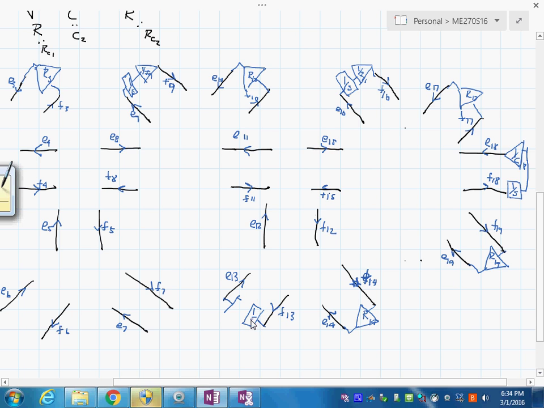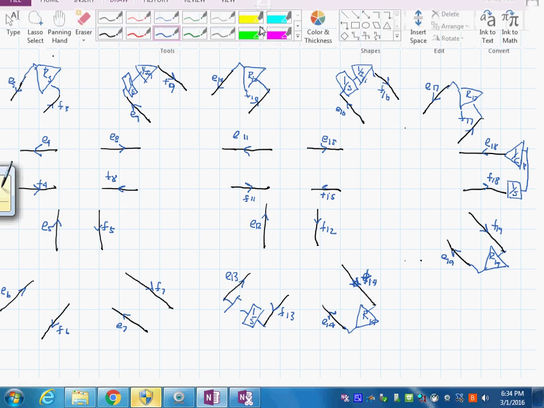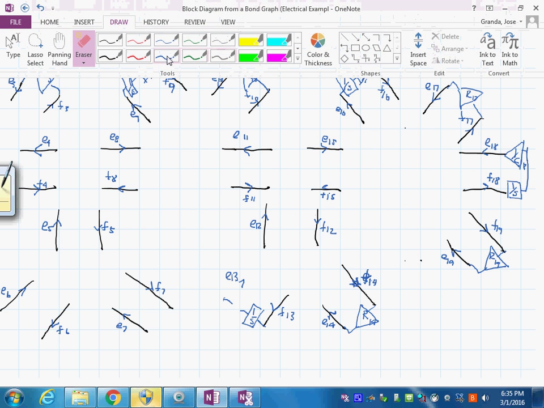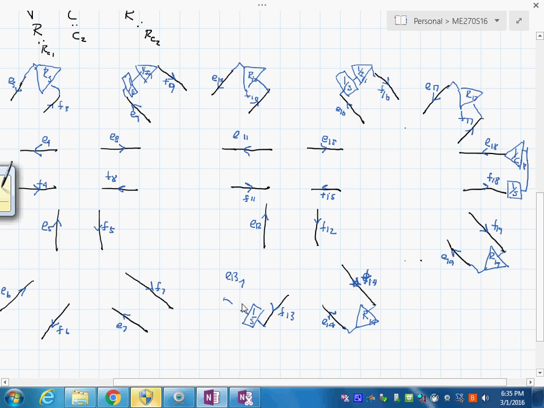So the next step in our generation of the block diagram is going to be step number 3. I would say draw the connections on 1 junctions, and here common flows, and then summation of efforts.